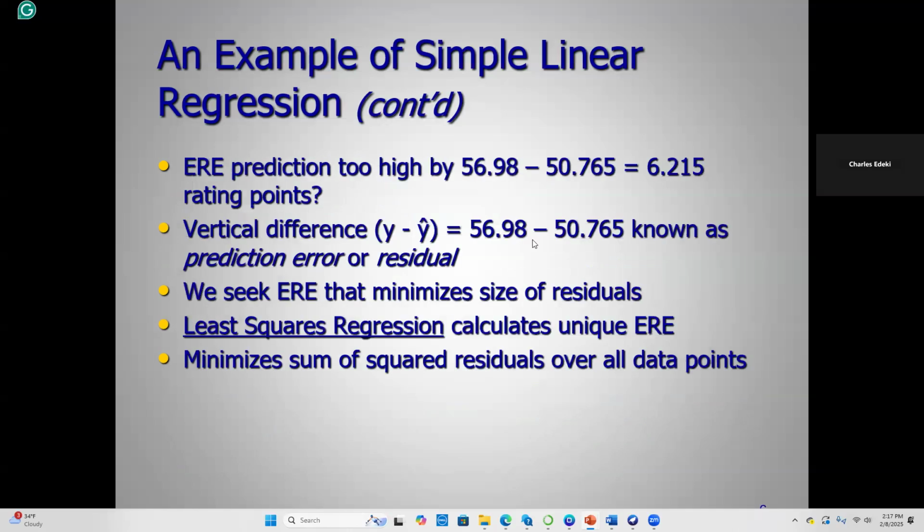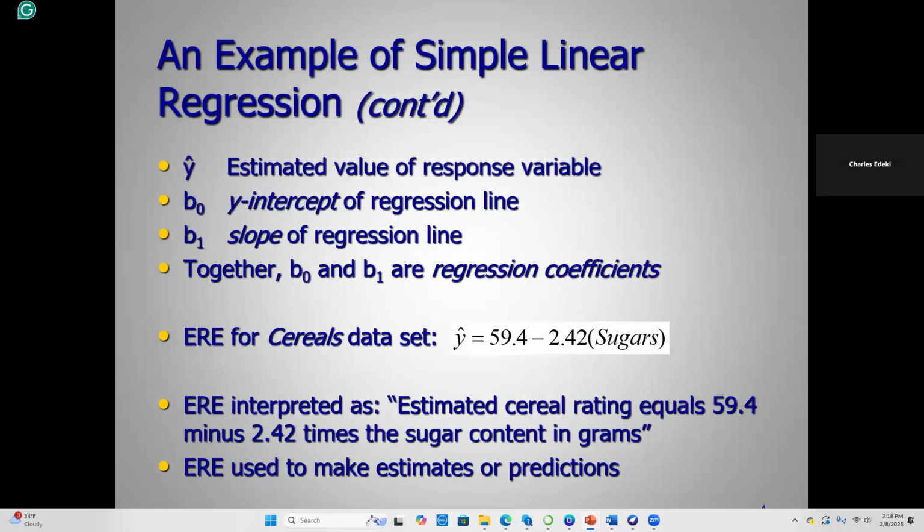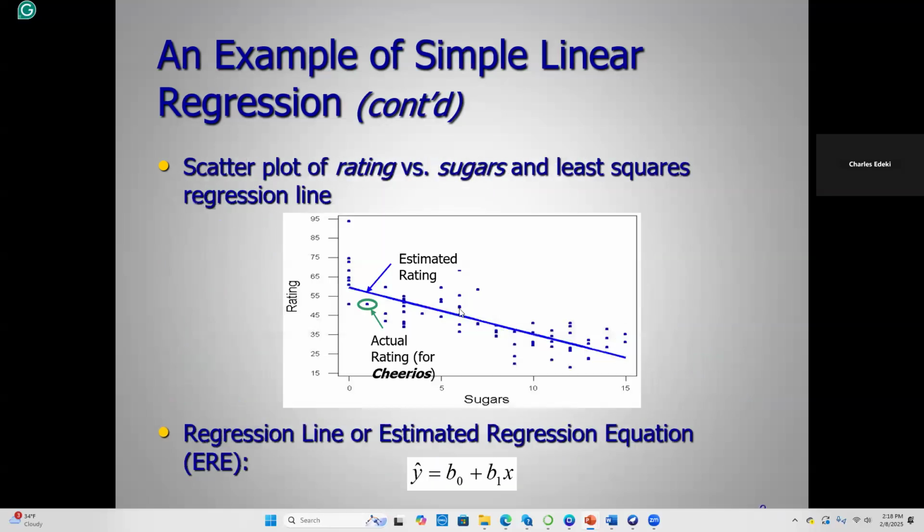And this is what we are concerned about. The prediction error is 56.98 minus 50.765. The actual value of y is on this vertical line here. If all the points were on the line, there would be no error. But we draw a vertical line from each point to the line, and that gives us the error.